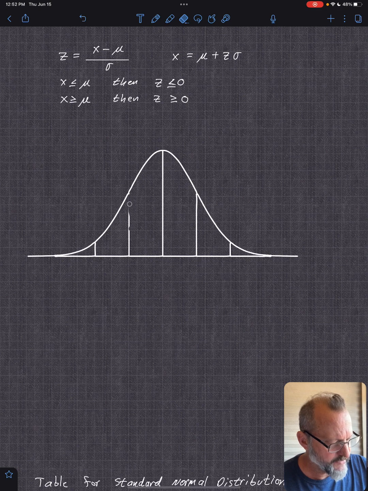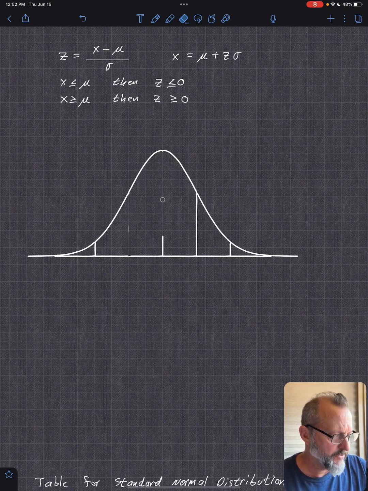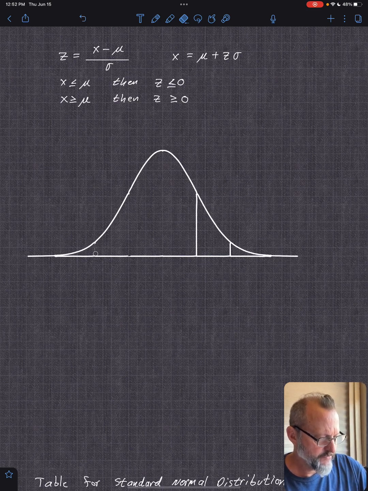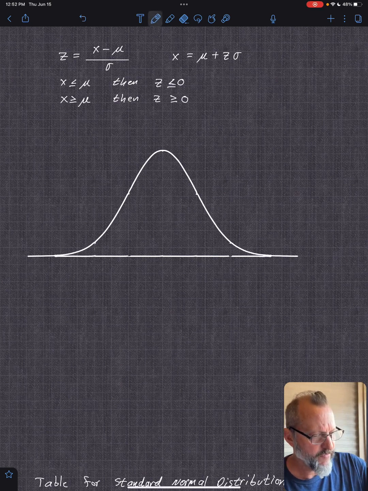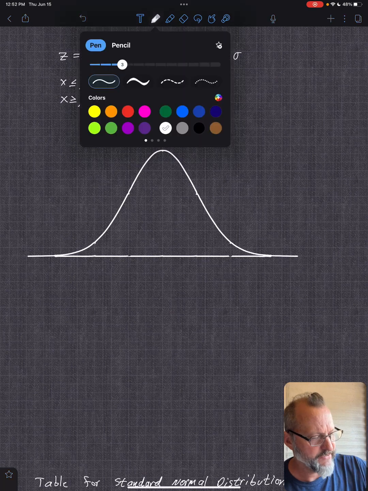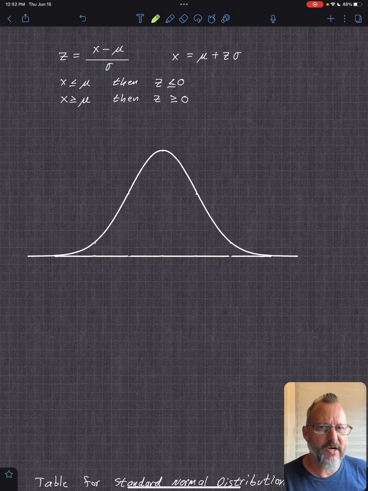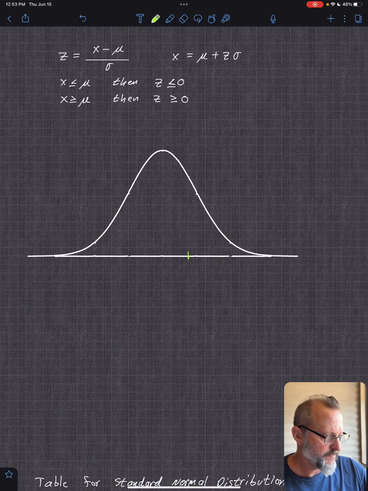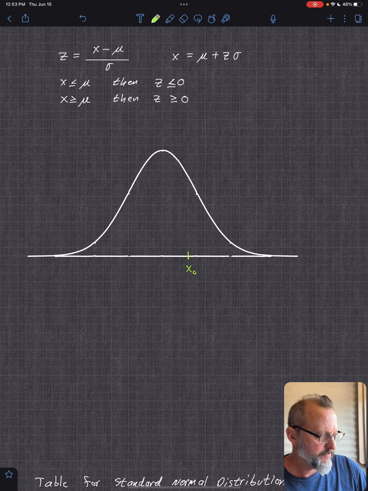Those are supposed to represent the standard deviations from the mean, but I don't want them there because I want to talk about this. So we're interested in what's the probability that your x is below this value.